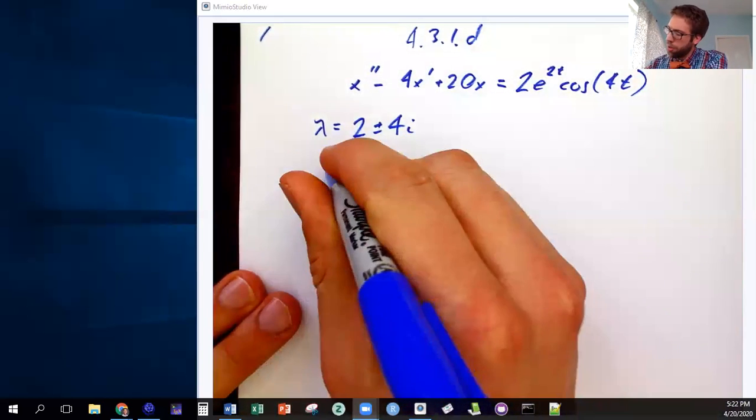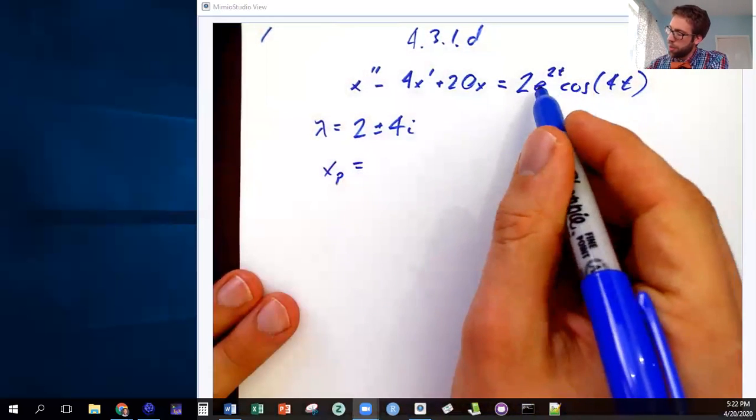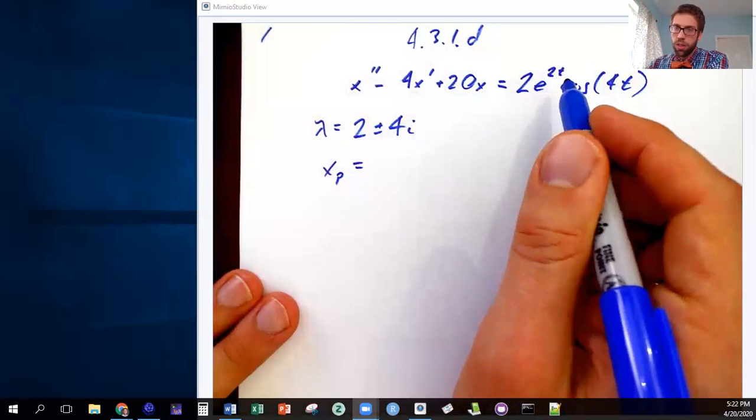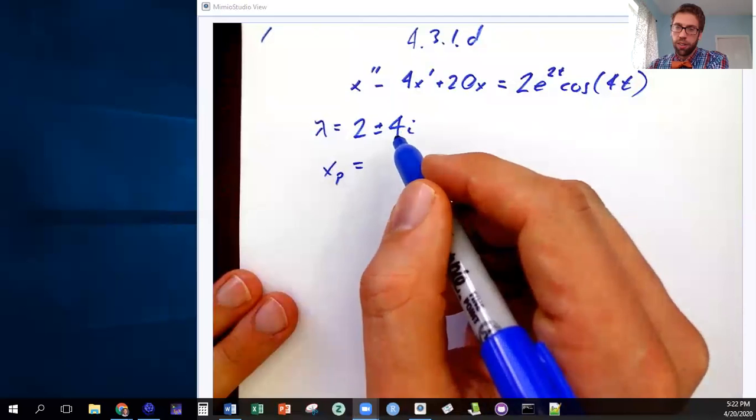our particular solution is going to be the real part of e to this.